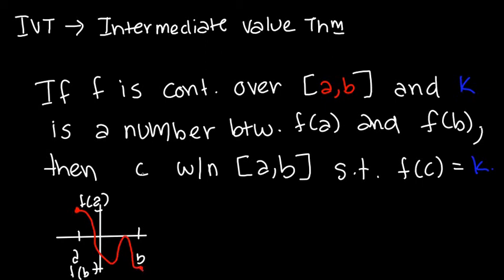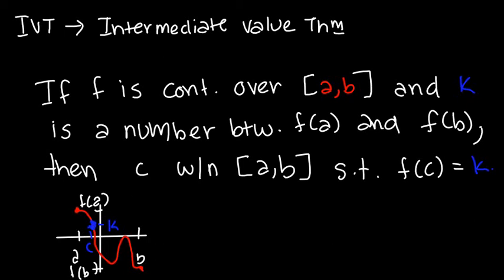Say we pick any random k here. There has to be some x value such that f of x at that point is equal to k. Otherwise, it should not be continuous. So see here, there is a c where f of c is equal to k.